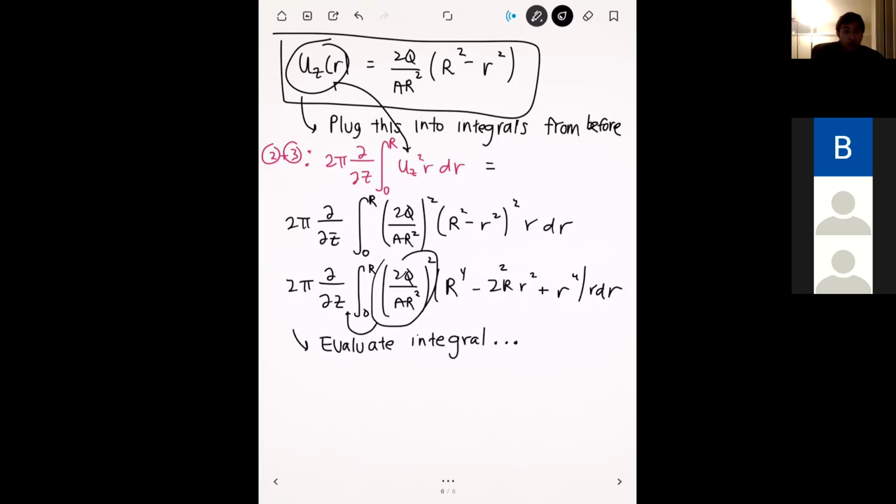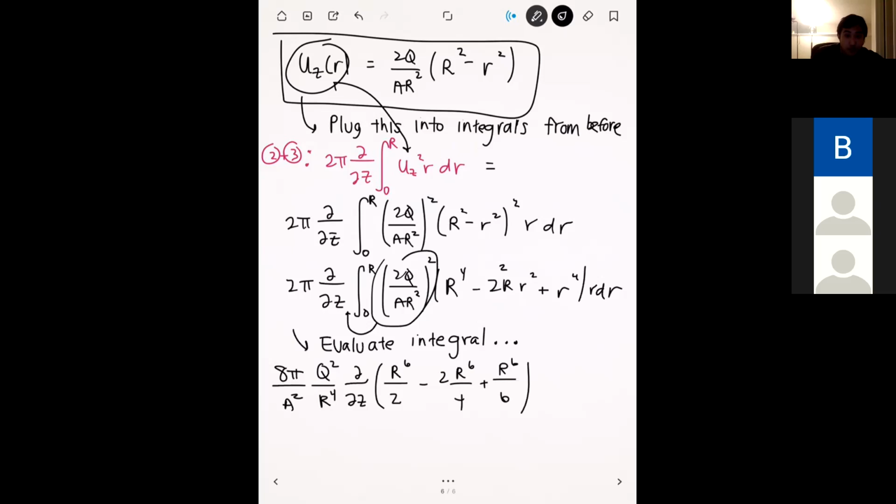Once we evaluate the integral, we have 8 pi divided by a squared times q squared over R to the 4th, partial z of big R to the 6th divided by 2 minus 2 r to the 6th divided by 4 plus r to the 6th divided by 6.